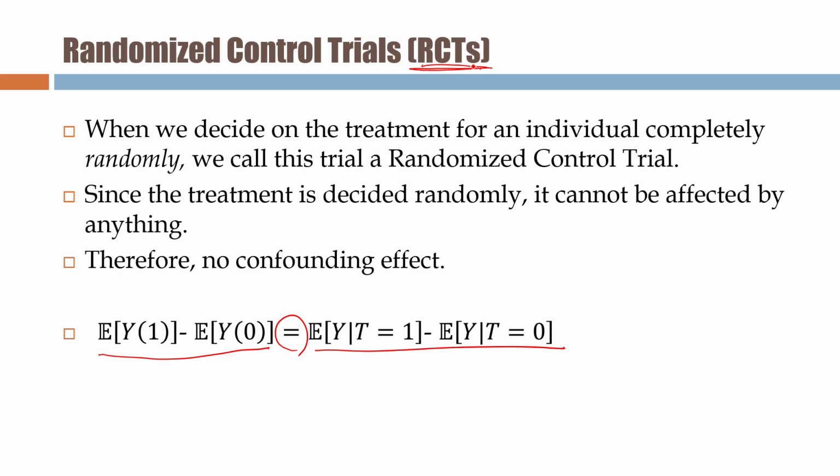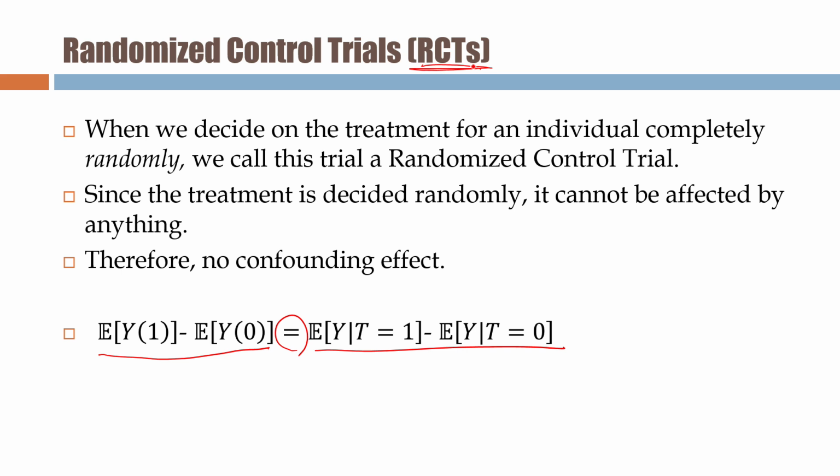If you decide that way, all the characteristics of the patients who got treated and of the patients who didn't get treatment will be randomly mixed up, right? If we do that, then there's no confounding effect.